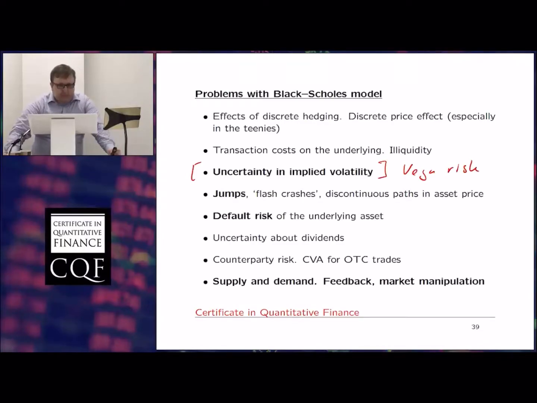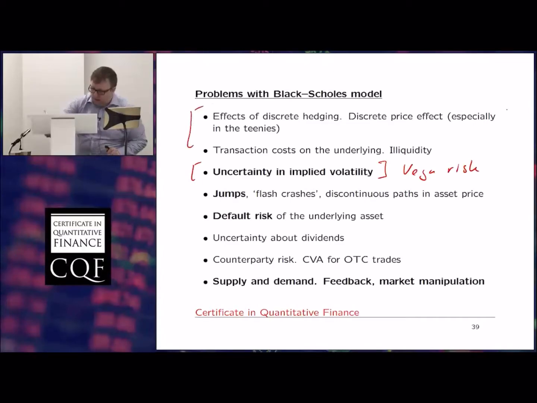But yes, the models usually underestimate the default risk, the first two points, and the effects of discrete hedging I was talking about earlier, that you have to smooth. If the curve is smooth, imperfect discrete hedging is not a problem. But if your delta is sharp, then discrete hedging is a problem.